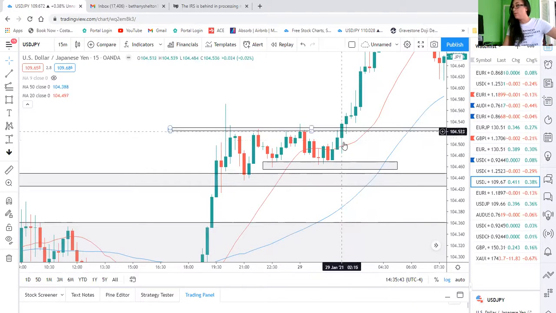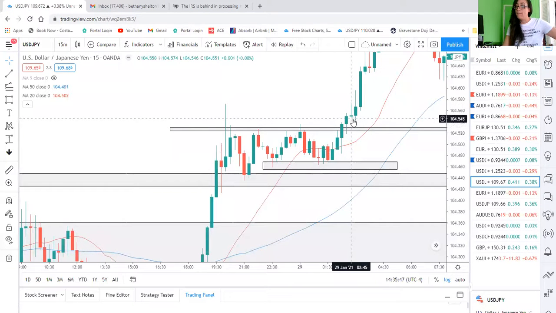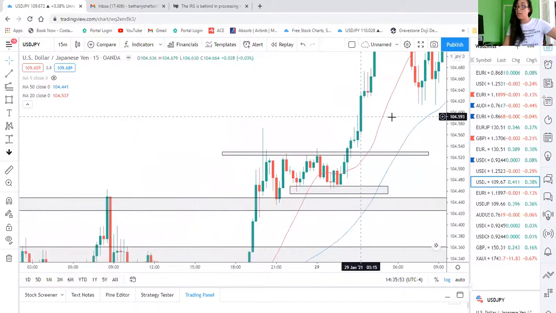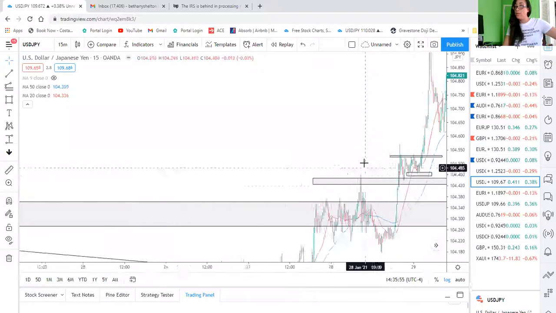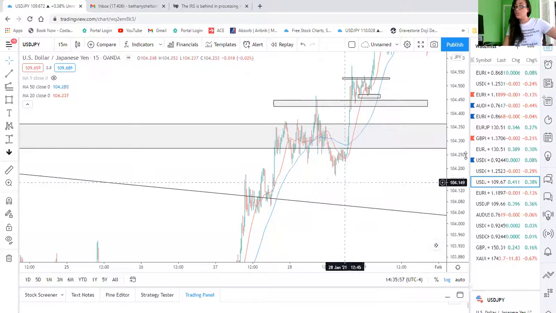Maybe I wouldn't have bought after this candle, but definitely after this candle, and then I would have taken it up. That would have been a really good way to get into that trade.